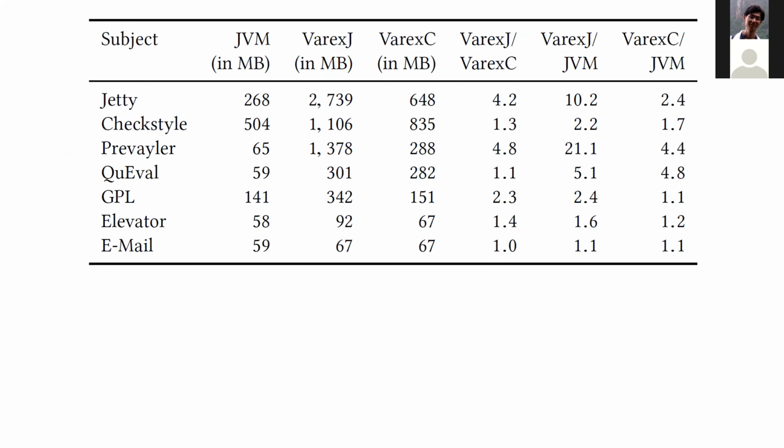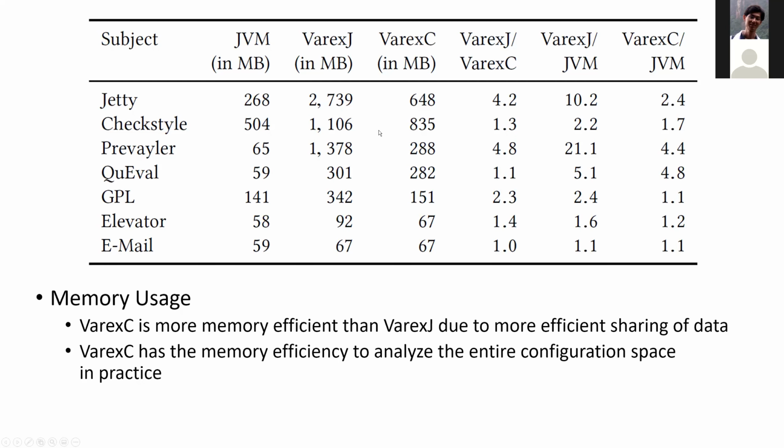So the next point is about the memory usage. VarexC is more memory efficient than VarexJ. You can see it over here. It can be up to 5 times less memory than VarexJ.